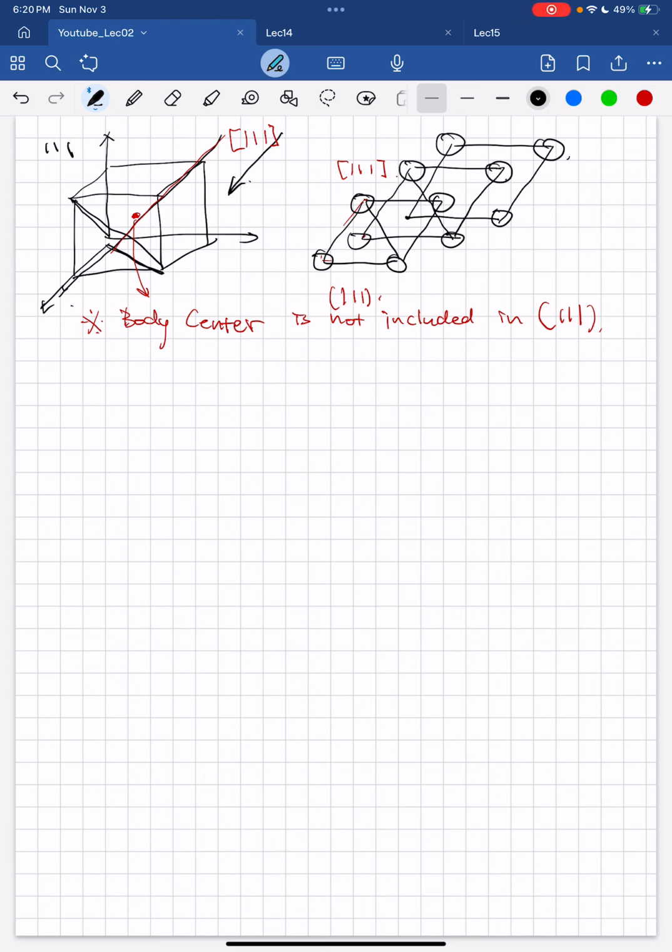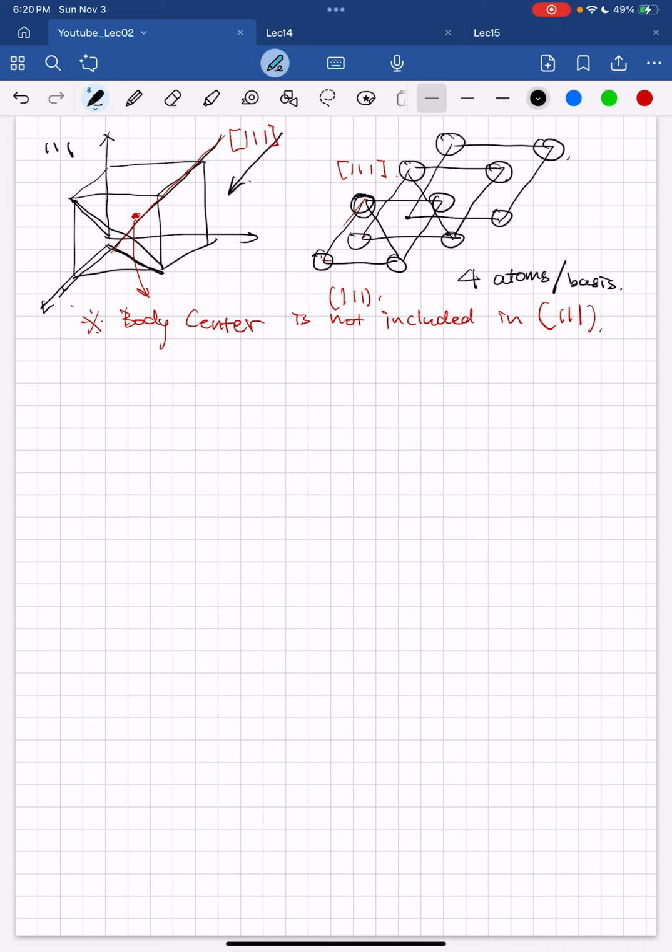If this is how you stack in the 111 direction, and you had FCC, which has 4 atoms per basis, right?